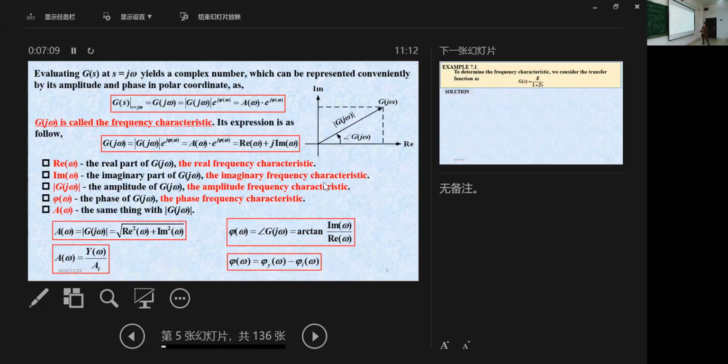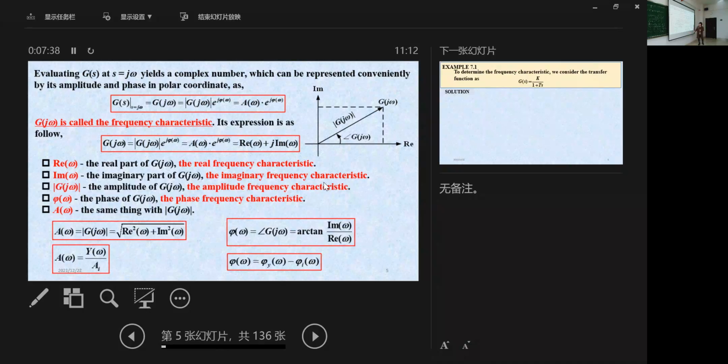If we write it in polar coordinates, we have the real part and the imaginary part. Then the amplitude equals the square root of the real part squared plus the imaginary part squared. And A(omega) can be written as Y(omega) over A. The phase phi(omega), the angle here, is the arctangent of the imaginary part over the real part.